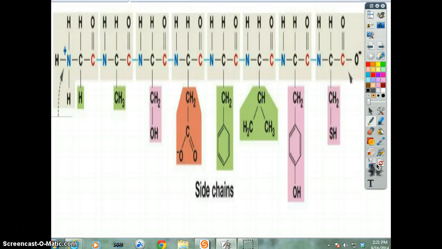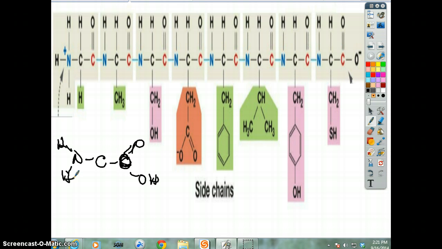Now, what's responsible for secondary structure? Hydrogen bonds between what? Carboxyl group and amino group. Every amino acid, and you have to know this, has a carboxyl group on one side, that's a C, and an amino group on the other side.